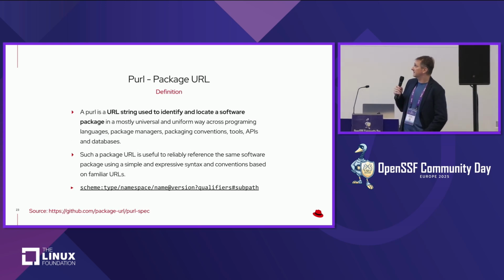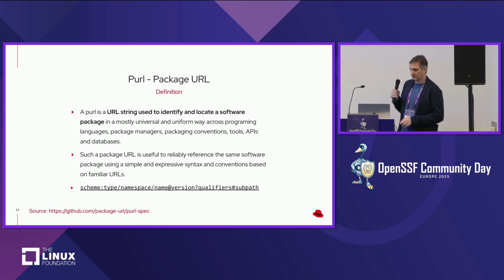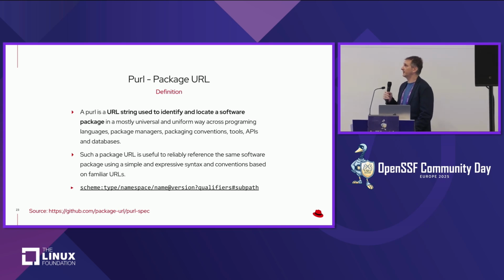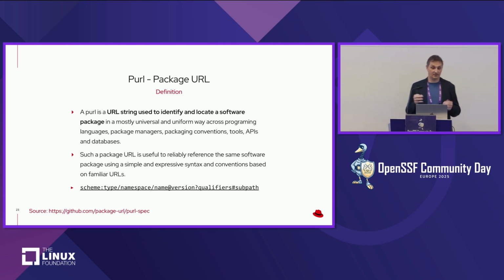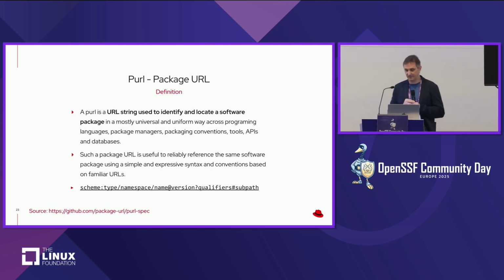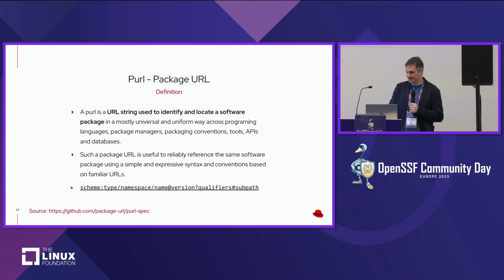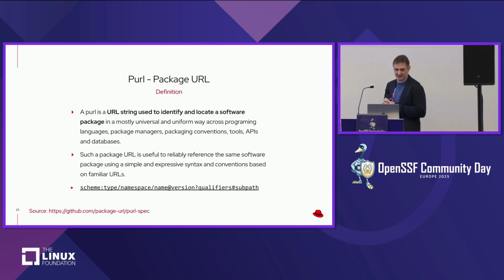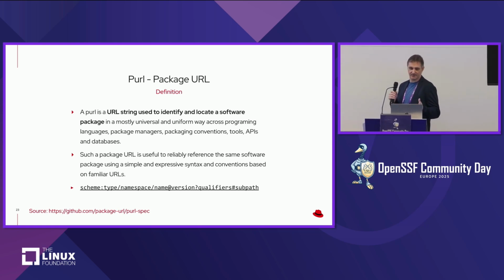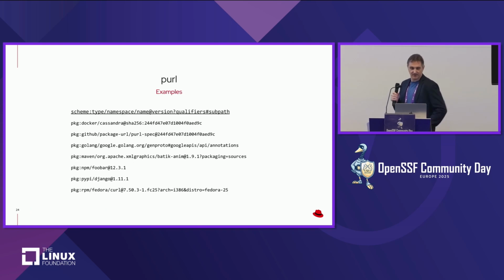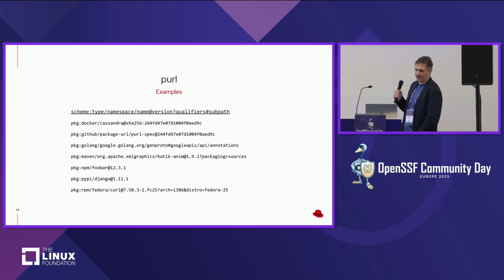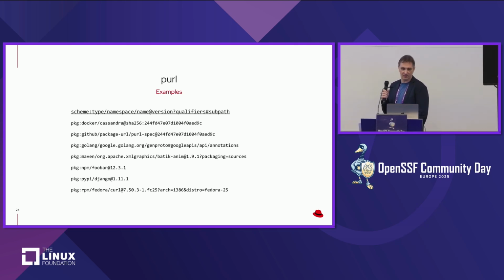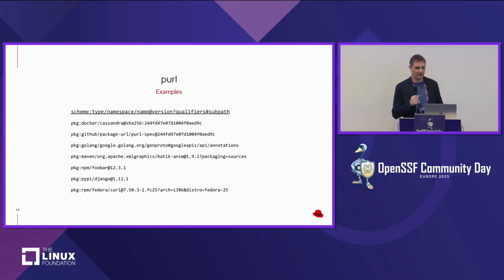So PURL is another attempt to basically do that for the open source world. And the idea was to define a kind of URL schema just applied to this domain space, and you can see it's very similar. So you have your ecosystem. So GitHub, Docker, Maven, whatever you're using.